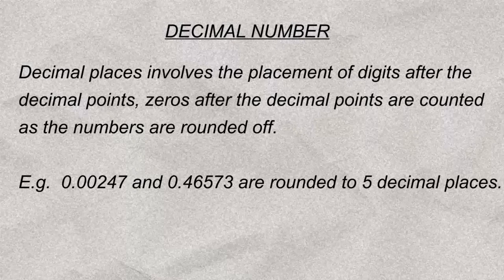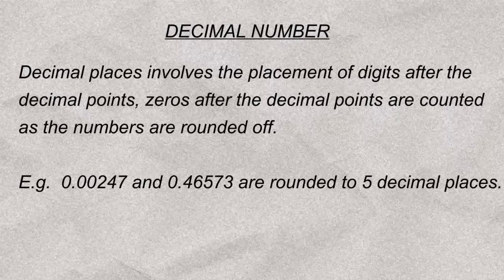They are both rounded to 5 decimal places. Now look at that, this is the solution. These two numbers are rounded to 5 decimal places, and you can see that the zeros before the digits for the first number are included.